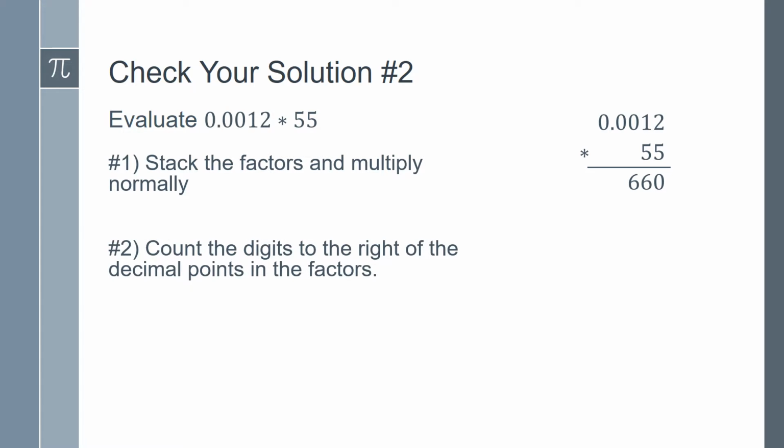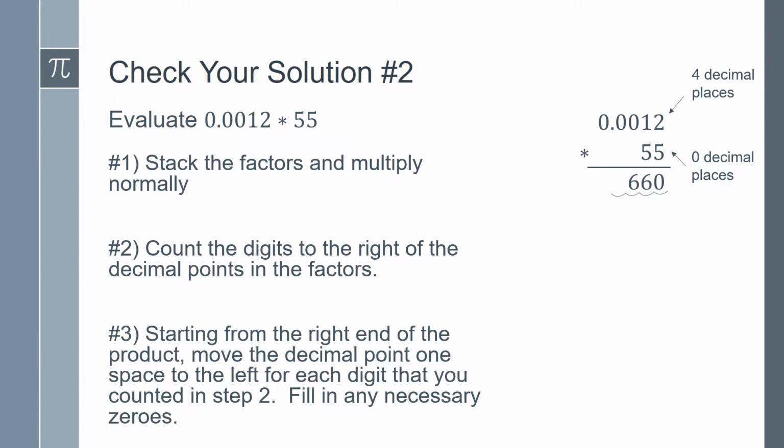Next, we'll count the decimal places. We have 4 decimal places in the top factor and 0 in the bottom factor. Now we'll slide the decimal point 1 space to the left for each decimal place from step 2, so we'll slide our decimal point 4 spaces to the left. Notice that we have one empty space, so we'll need to fill that in with a 0.